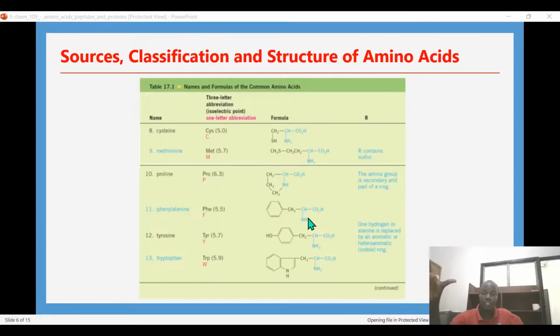For example, glycine is written GLY, and the single letter is G. So after this class, I'm going to send you an image that will address that. That is the most important thing you should know there.